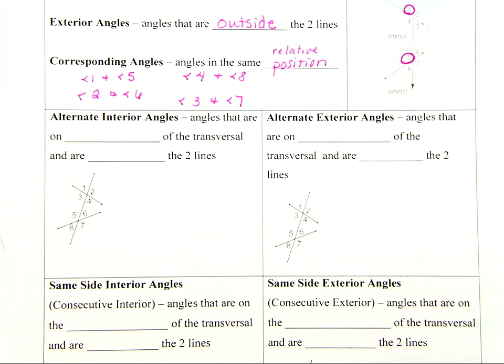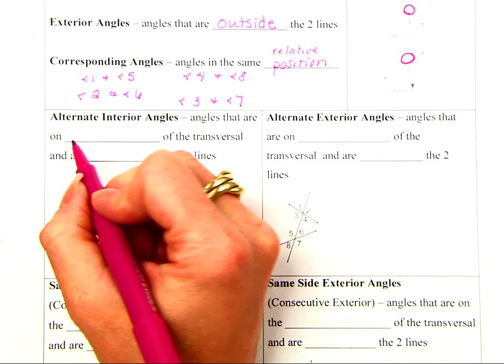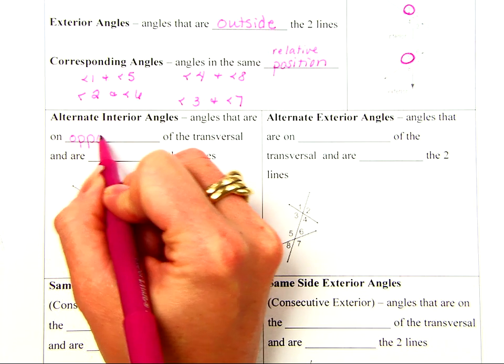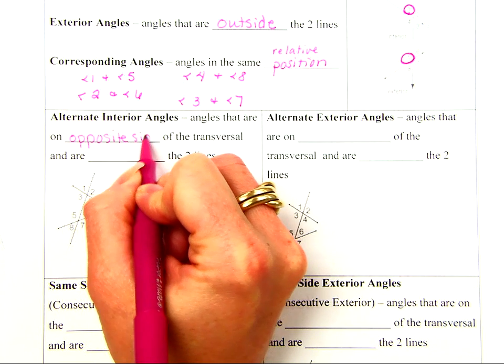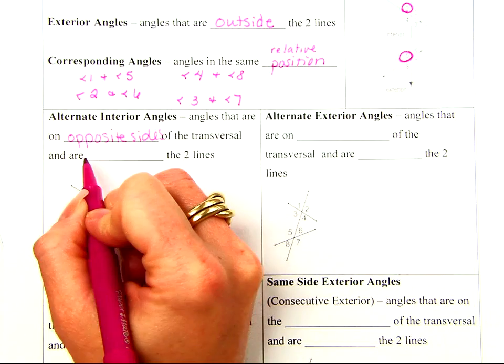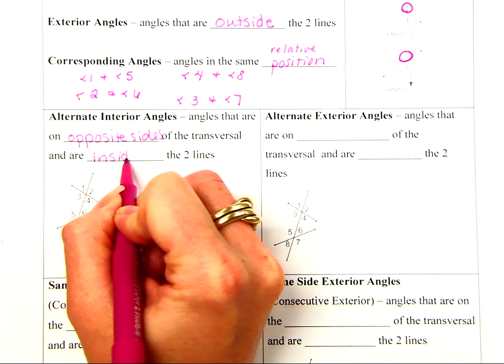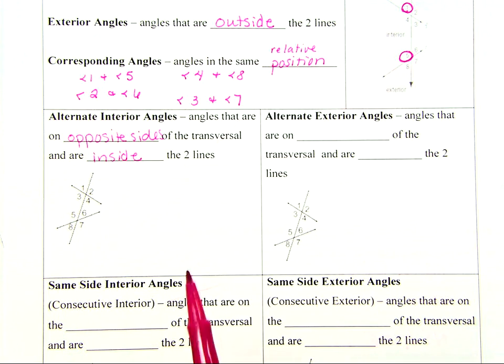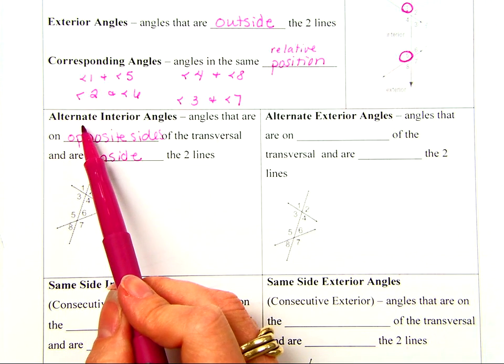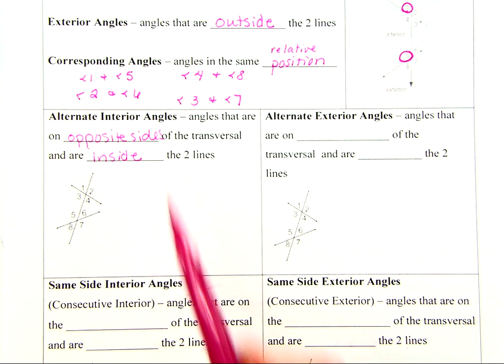By definition, they say that they are angles that are on the opposite sides of the transversal, but are on the inside of the two lines, which makes sense. We know that alternate means every other, so that's where they get the opposite sides.